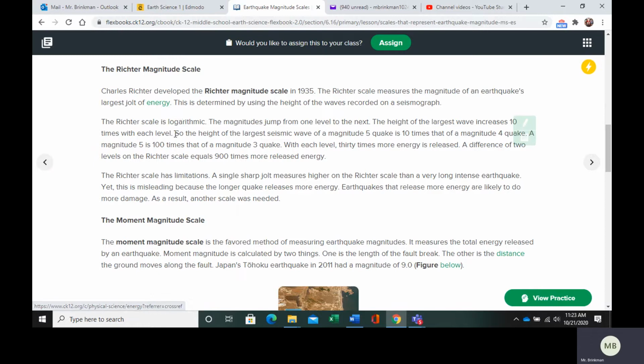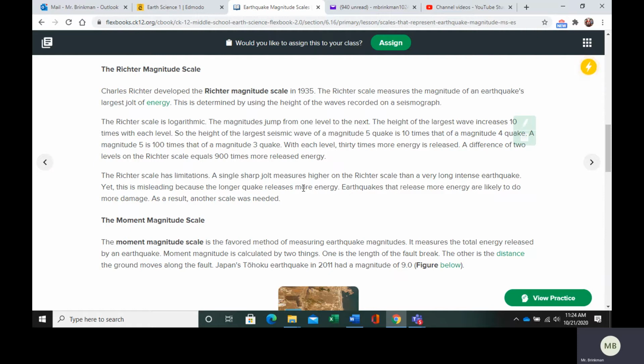Now, this is a little misleading because the single sharp jolt is going to measure higher on the Richter scale than the long, intense earthquake. Earthquakes that release more energy do more damage, and throughout the quake, they're going to release more energy the longer the quake is.